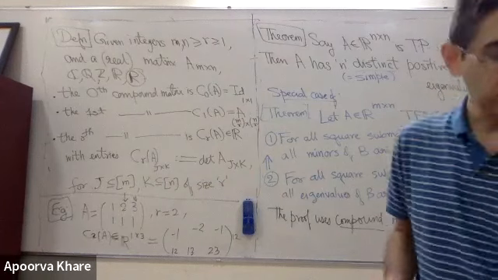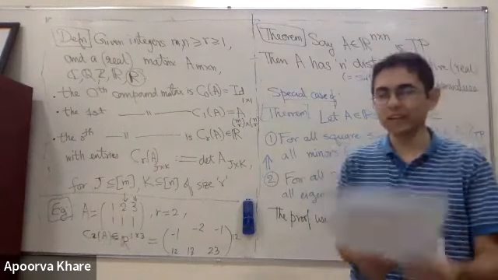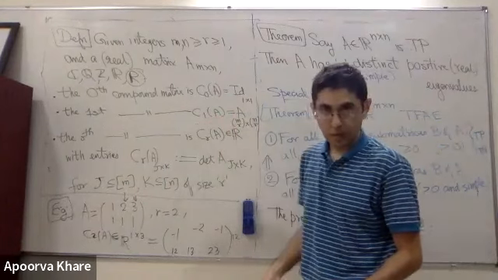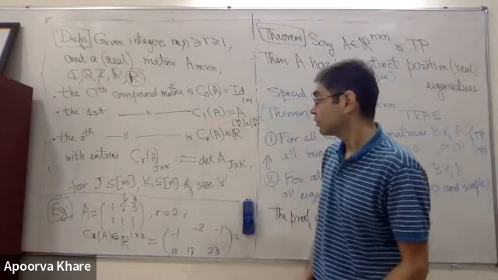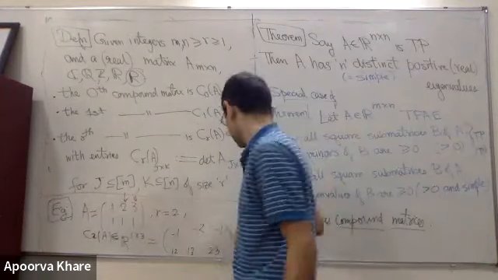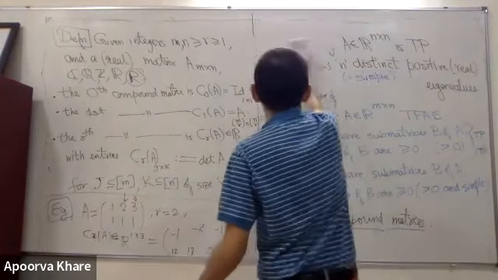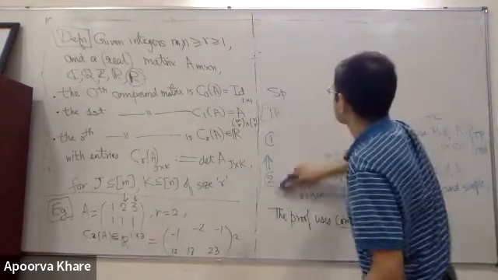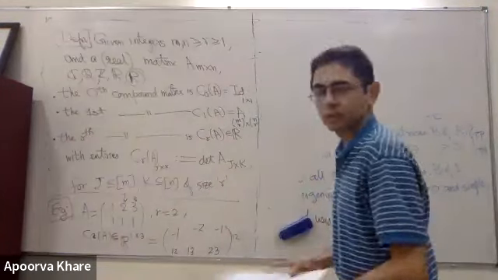Now it turns out that compound matrices satisfy some very nice properties. For example, C1 of A is A. But interestingly, I can do the following. Let me take a second example and you see what happens. Let me take the transpose of this matrix.